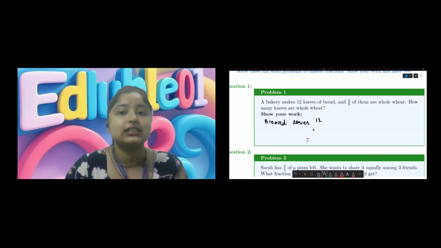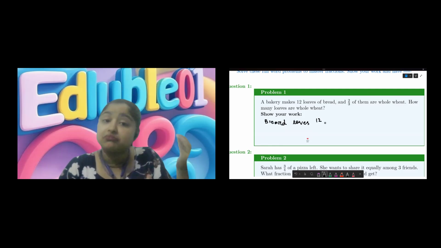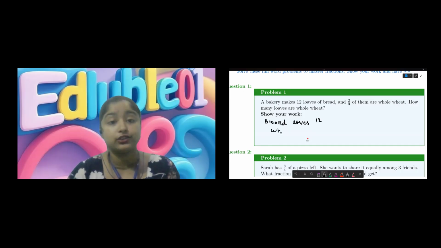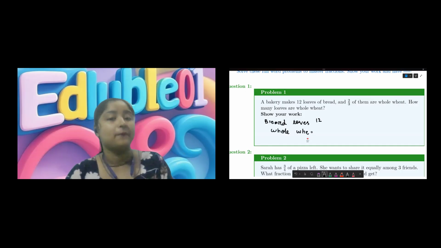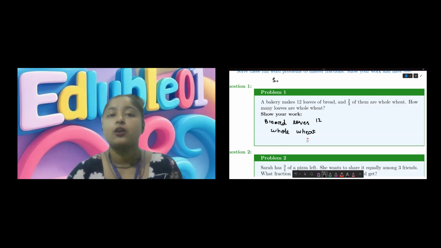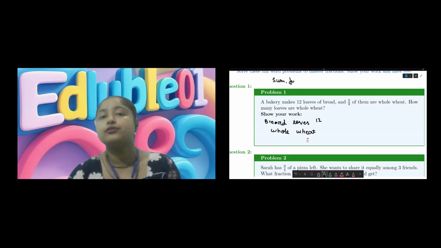Now, when I said it makes 12 loaves of bread, how many are whole wheat out of 12? 2 over 3 is whole wheat, right? When we say "of", it means multiplication. Always remember when there is a word such as sum, difference, of, or share, these are the operators that are going to be used.